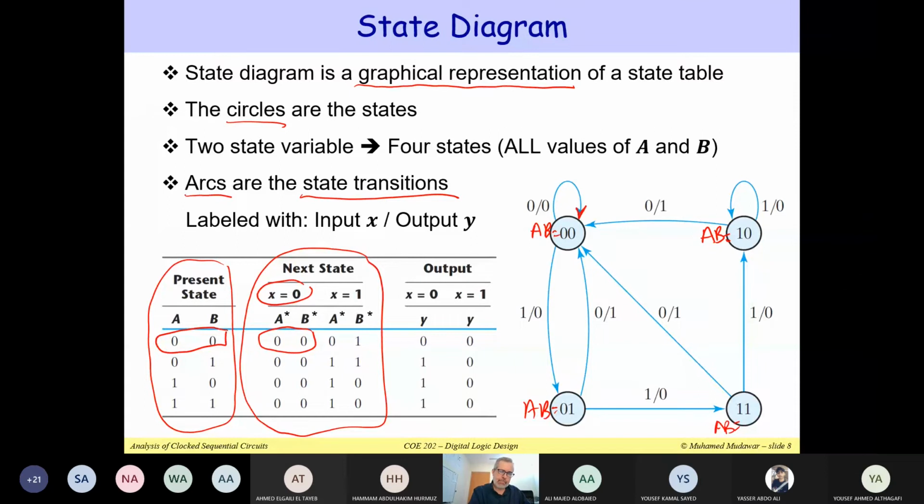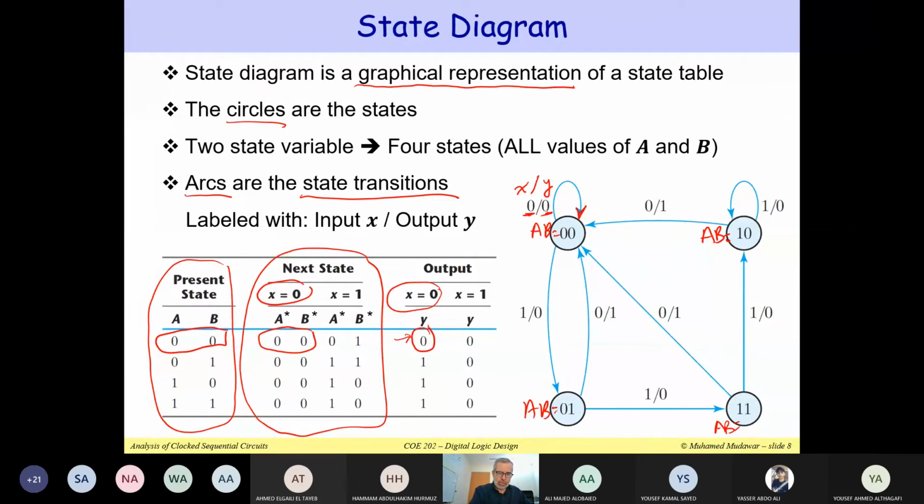This is X equal to 0. And here we have slash Y. This is Y equal to 0. Notice that when you are in state 0, 0 and the input X equal to 0, you get the output Y equal to 0. So the output Y is shown on the arc in this example.